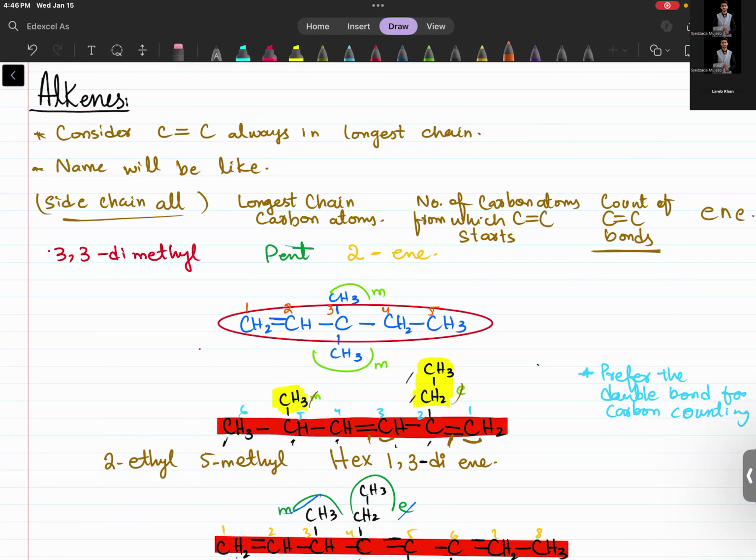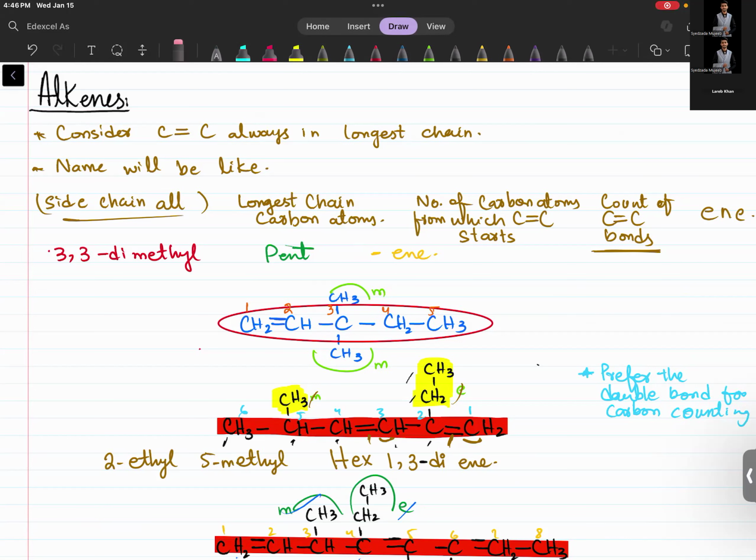Yes, sir. Okay. So we'll be starting from that side, and we'll be having the double bond. We just try our best to get the smallest number for the double bond now. So it's like the 3,3 dimethyl pent, 1 ene or 2 ene.